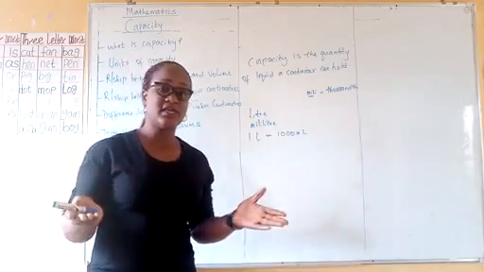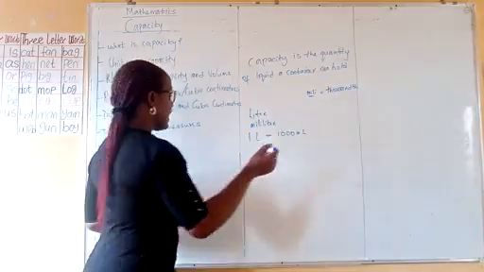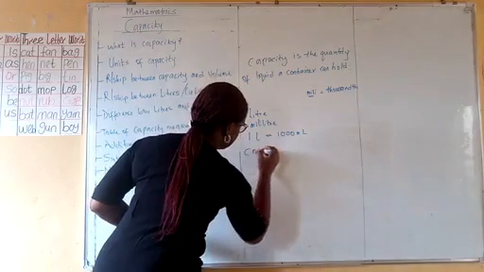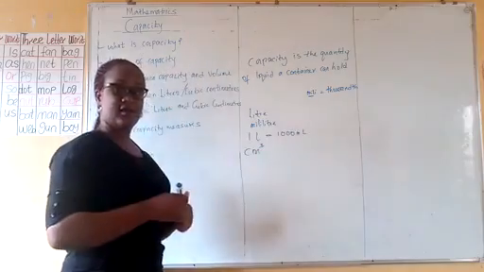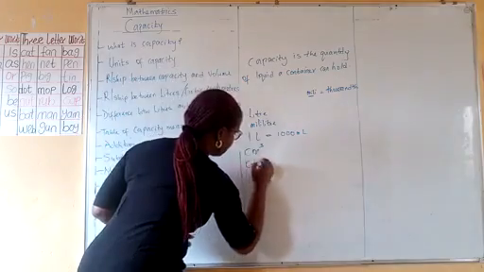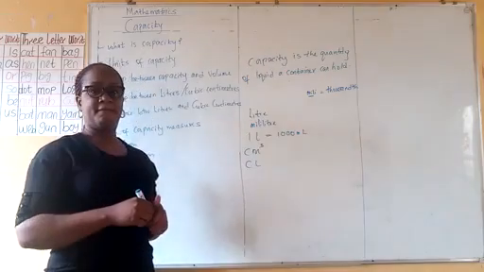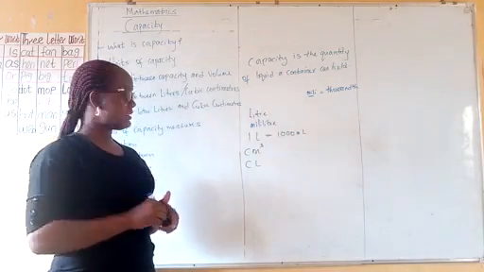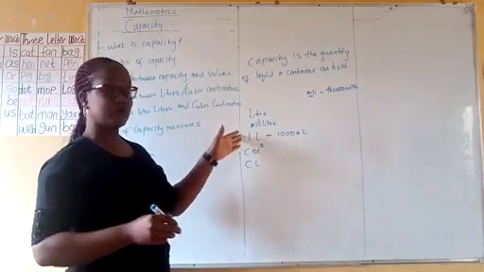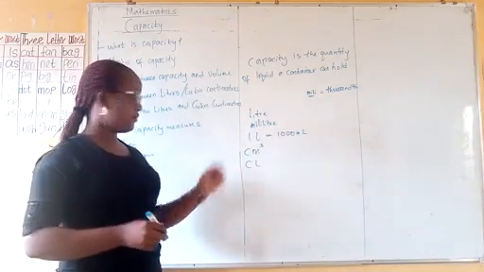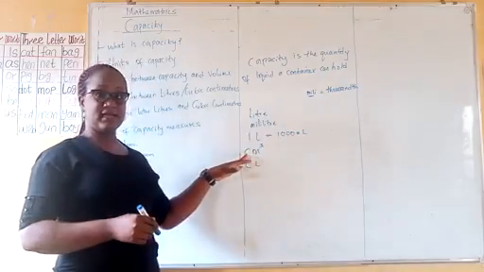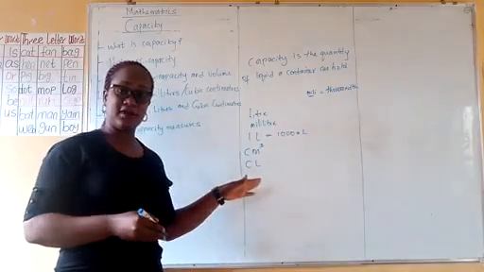There are other units of capacity. We also have our cubic centimeter, and we have our centiliter. Let's look at how they are related to what we already have. Our cubic centimeter, it is simple. You met that in volume. Can you remember?